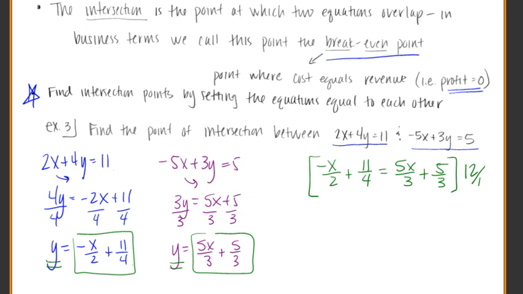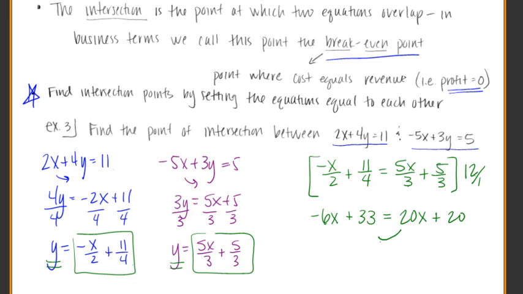Since we've got practice with this, we can do it as we go along. 12 times negative x over 2 gives negative 6x. 4 goes into 12 3 times, so 3 times 11 is 33. 3 goes into 12 4 times, and 4 times 5 is 20x. Again, 3 into 12 is 4, and 4 times 5 is 20. Okay, and just like that, everything's reduced.